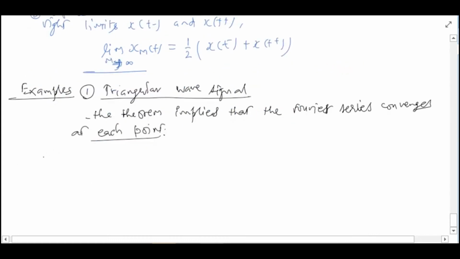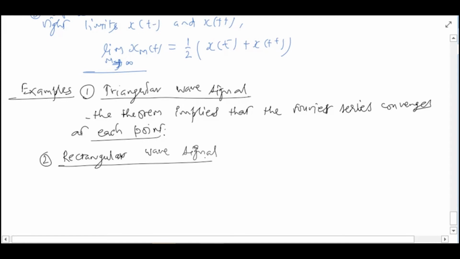On the other hand, if we see the rectangular wave signal, here we see that x(t) is either 1 or 0, or there is a jump.